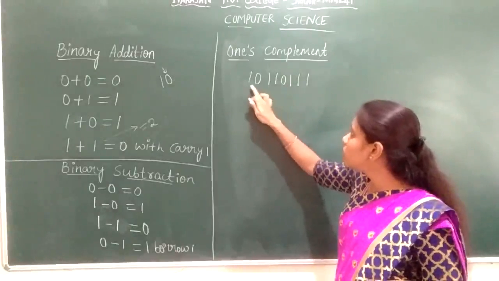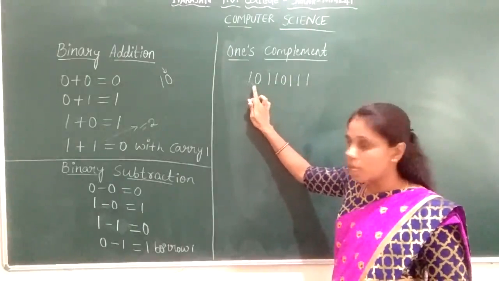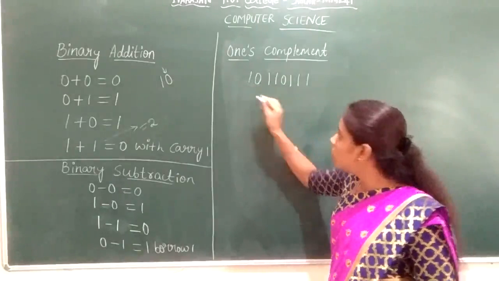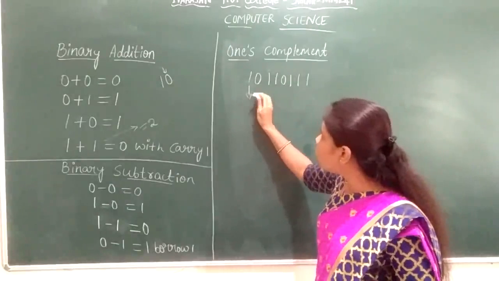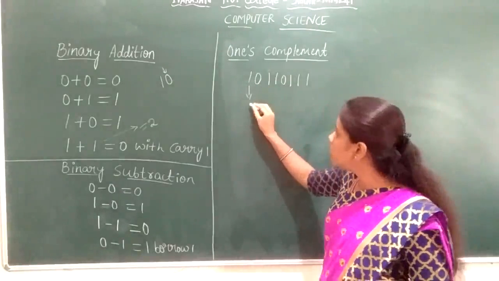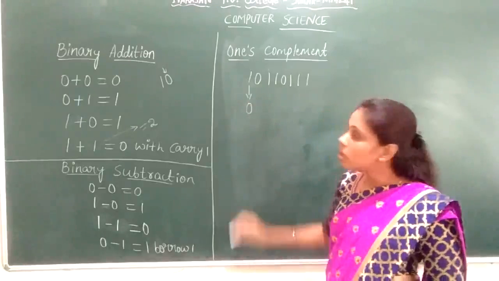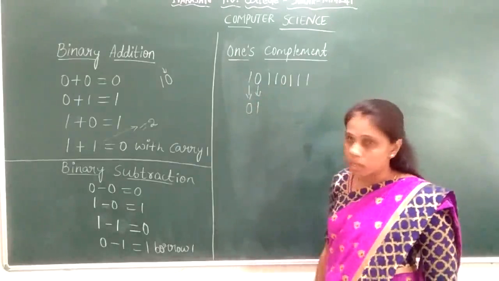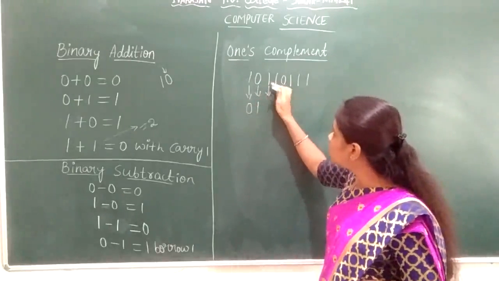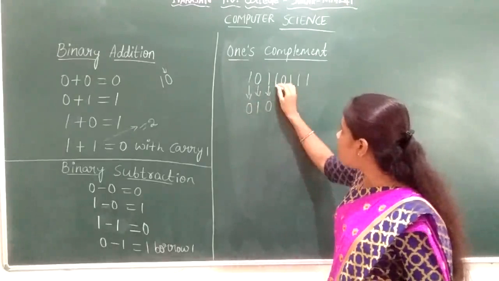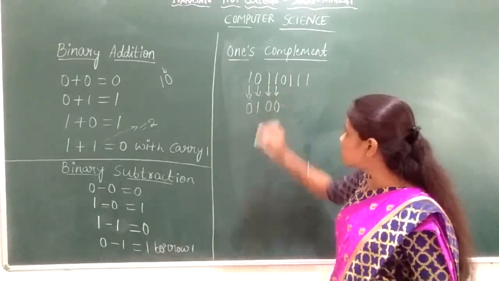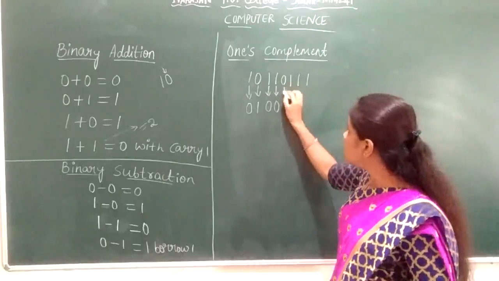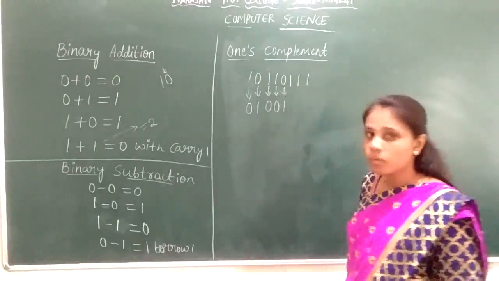Now what you need to do is change each 0 to 1 and each 1 to 0. Here we have 1, so 1 should be changed to 0. Here we have 0, again 0 is changed to 1. 1 is there, 1 should be changed to 0. Again we have 1, this should be changed to 0. Again 0, it will become 1.